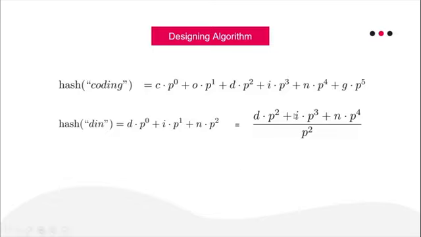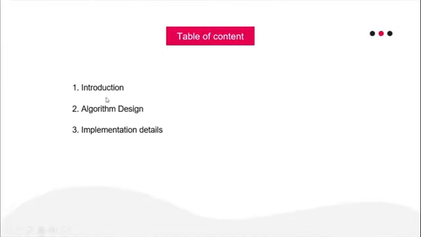This is the basic idea behind the algorithm. Now the implementation details. Now that we know how to calculate the hash value of a substring, all you have to do is take the contribution of that substring in the original hash and divide it by p raised to the power of the index of the first character of the substring.